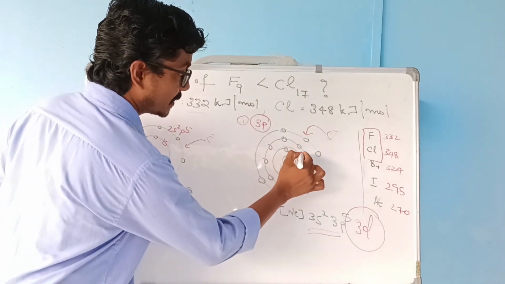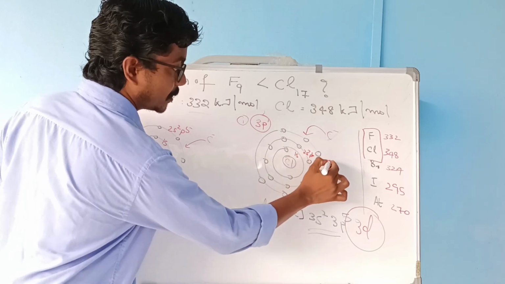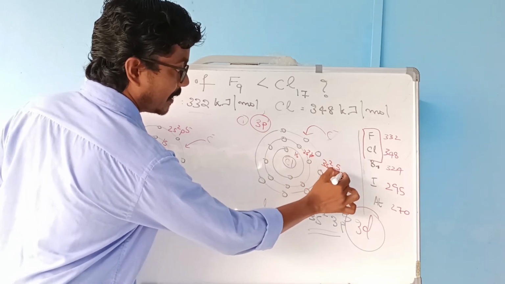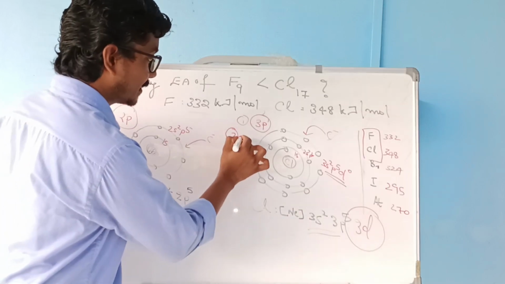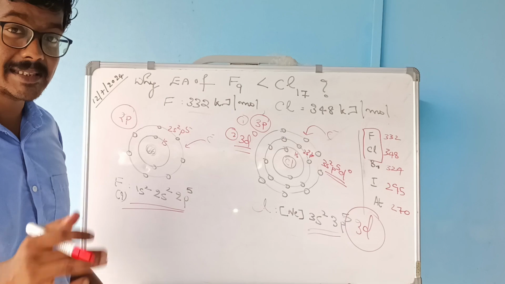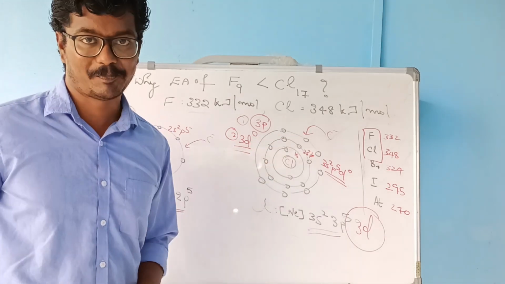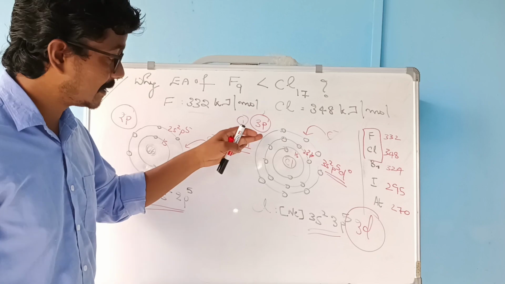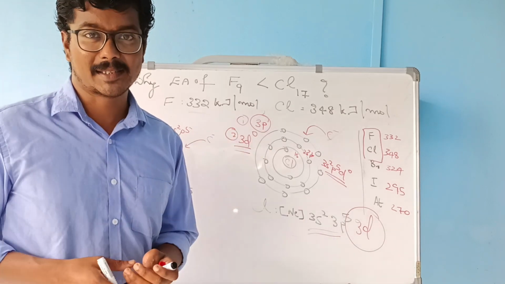So this is 1s, this is 2s2 2p6, and this is 3s2 3p5 and 3d0. The second is 3d. A vacant d sublevel is there in the case of the chlorine atom because it belongs to the third period, right? Due to this vacant d orbital, enough space is available.